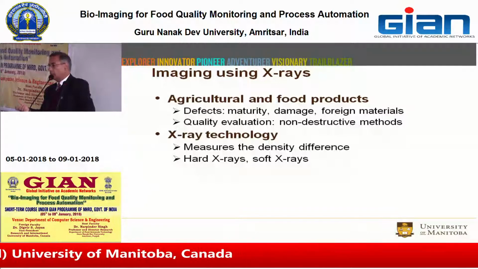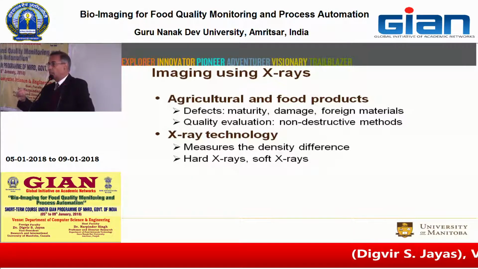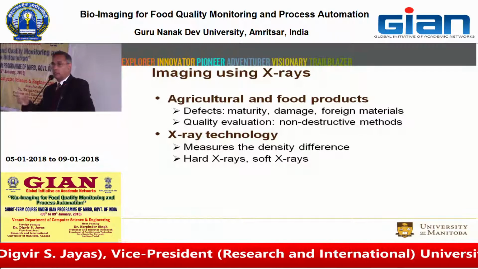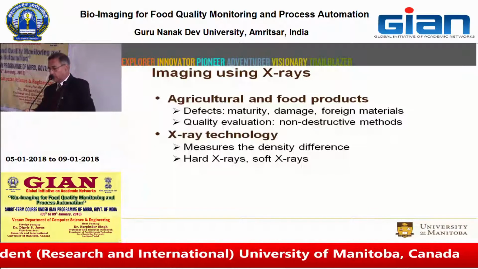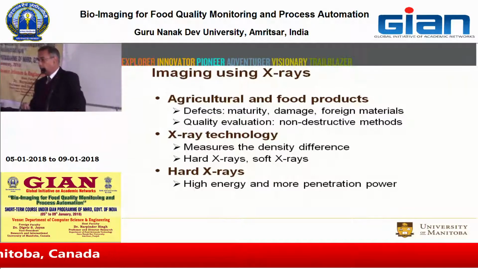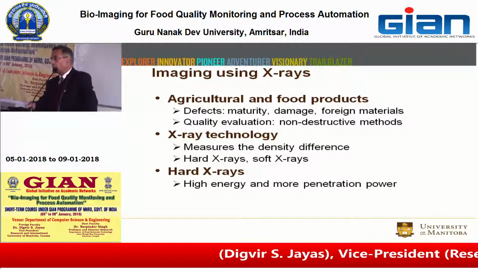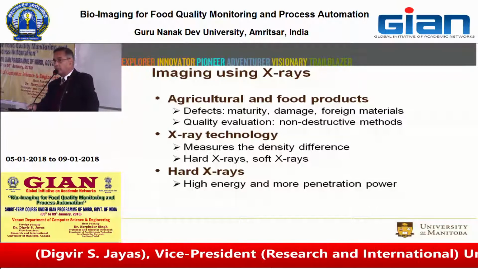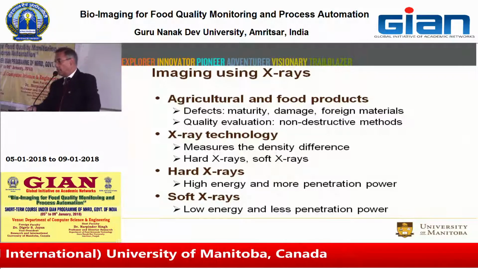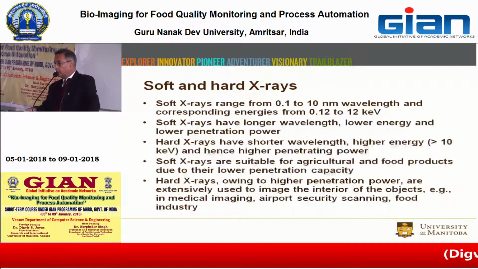And the most common example you would have seen of the X-rays is when you go to the airports, all of your luggage gets X-rayed, and in that case they are using what's referred to as hard X-rays. Hard X-rays have a power to penetrate through larger or deeper materials. Soft X-rays, on the other hand, have less penetration power, so they are typically used for the biological materials or agri-food materials.